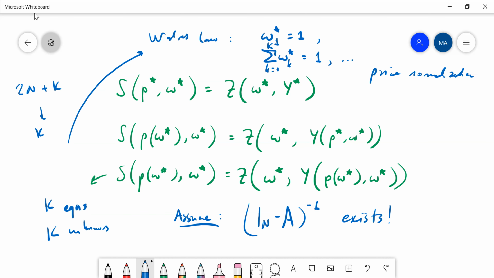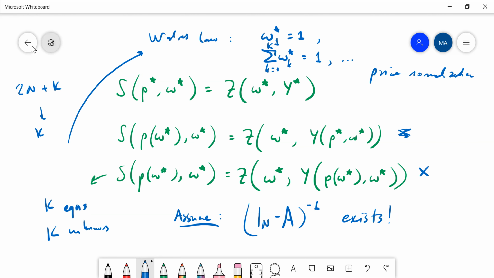So this will be my new equation, and I'm going to drop one of the equations here. Okay? Then I will have, again, k equations and k unknowns, but one of the markets will be cleared by the Walras law automatically. Okay? So that's the idea. That's the notion. All right?